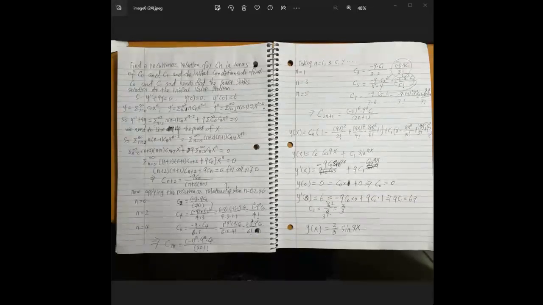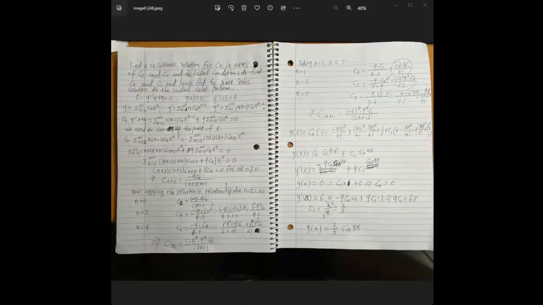I took the easy way, because here is x to the n minus 2, and the other term is x to the n. We cannot factor out, so we need to make the x to the n minus 2 become x to the n.